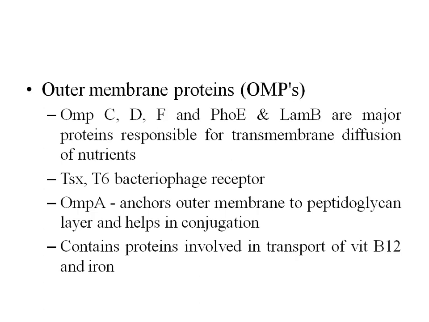The outer membrane protein A anchors the outer membrane to the peptidoglycan layer and also helps in the conjugation process. The outer membrane proteins are also involved in the transportation of vitamin B12 and iron.